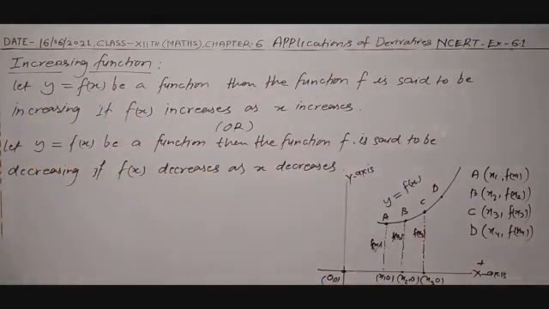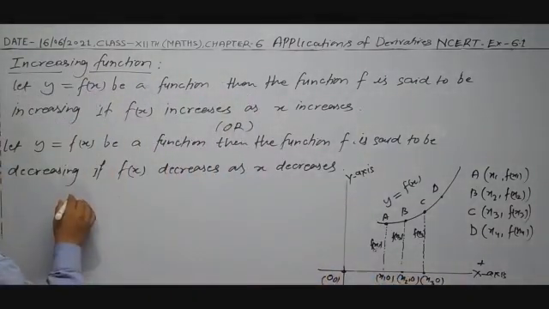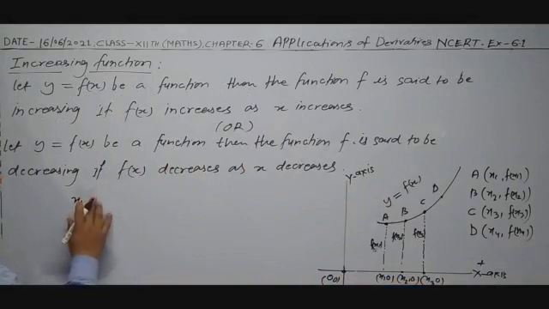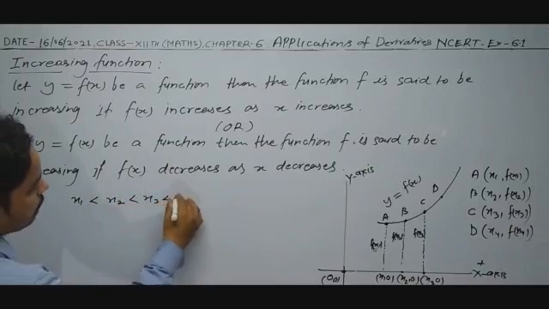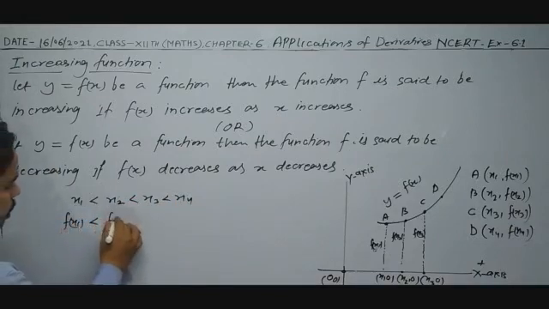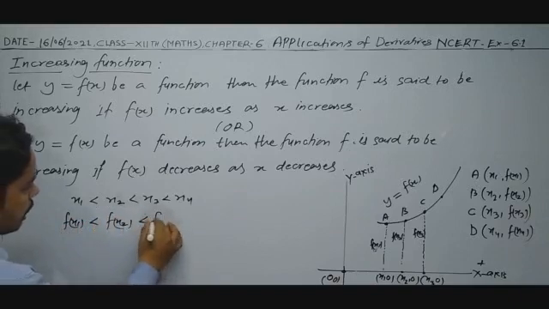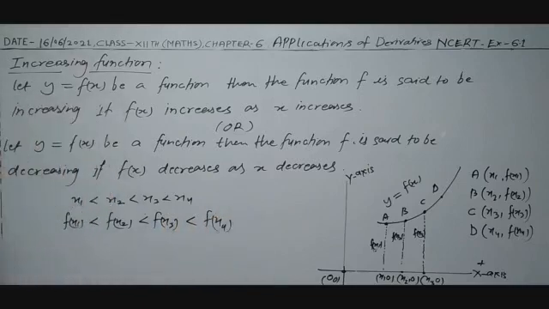From this graph it is also clear x1 is less than x2 is less than x3 is less than x4. Their corresponding values f of x1 is less than f of x2 is less than f of x3 is less than f of x4. So this is the condition for a function to be increasing.